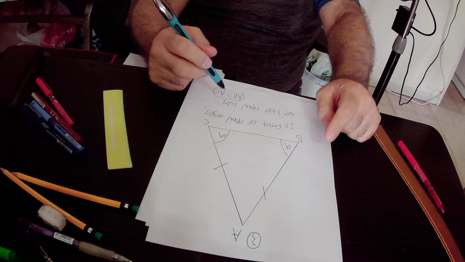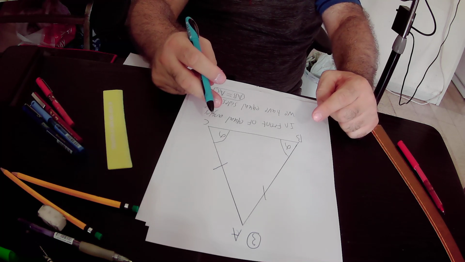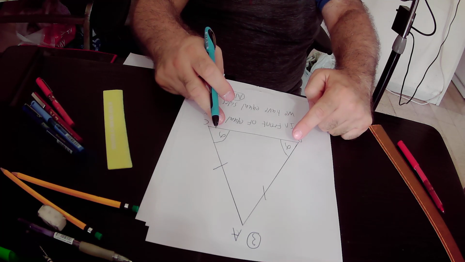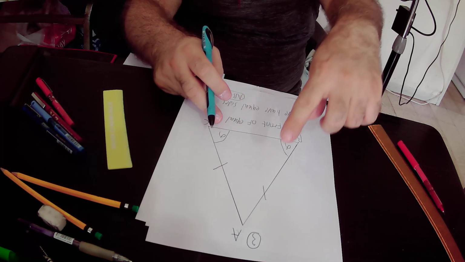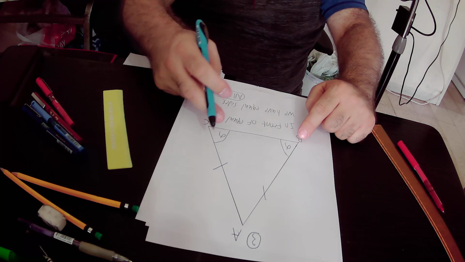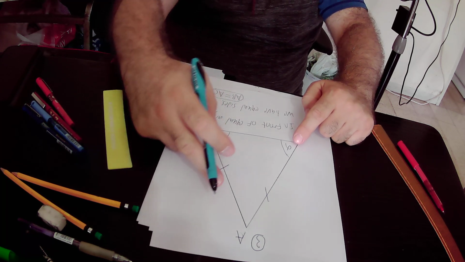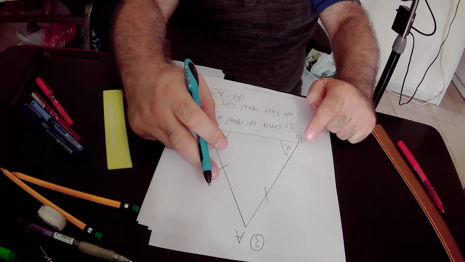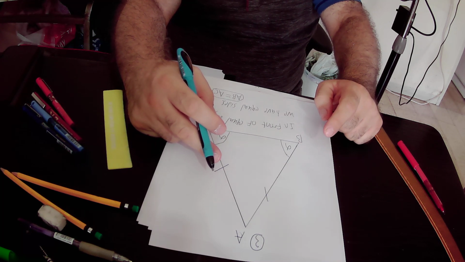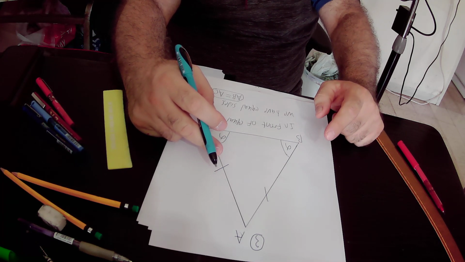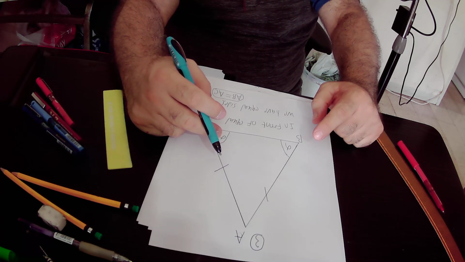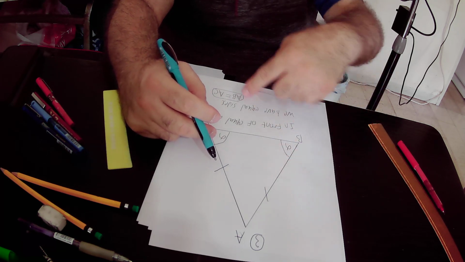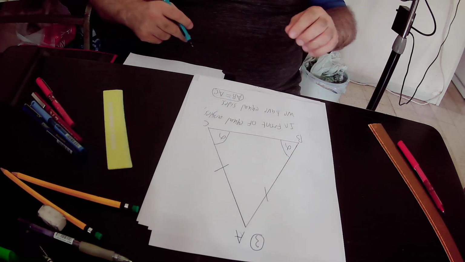According to the rule, those two angles are equal to each other, and in front of this angle alpha we have side AB, and in front of this angle alpha we have side AC. So the sides that are in front of the equal angles are also equal to each other. That is to say, AB equals AC.